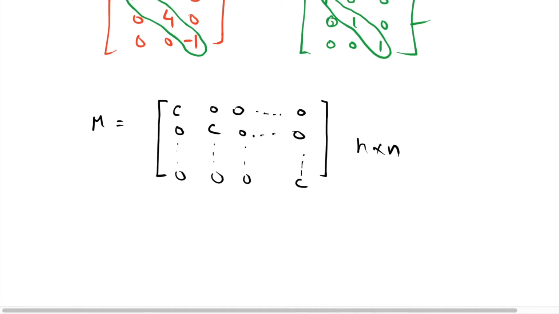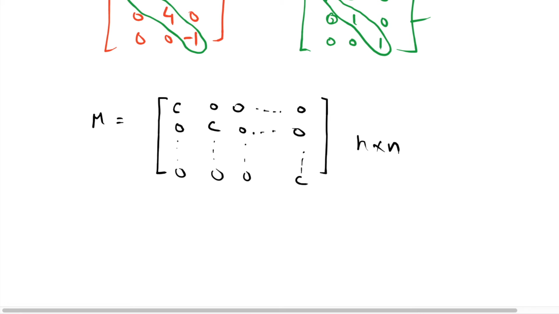You would notice that in this matrix M, the principal diagonal elements are all equal to C, where C belongs to the set of real numbers, and M would be called a scalar matrix.